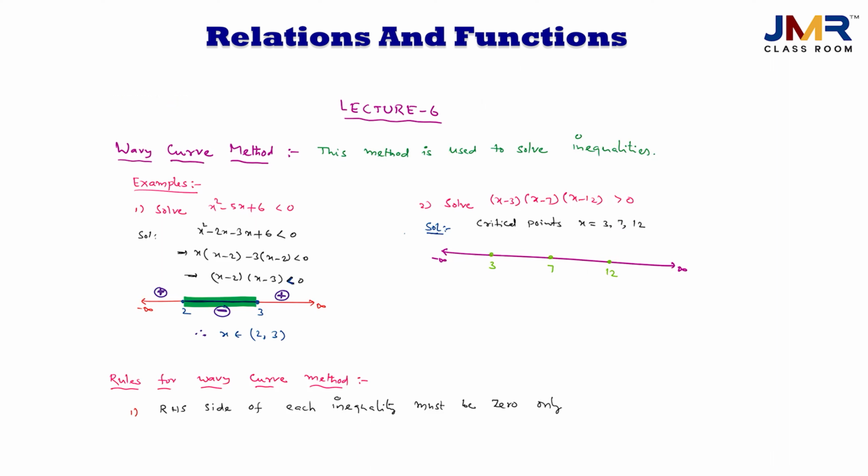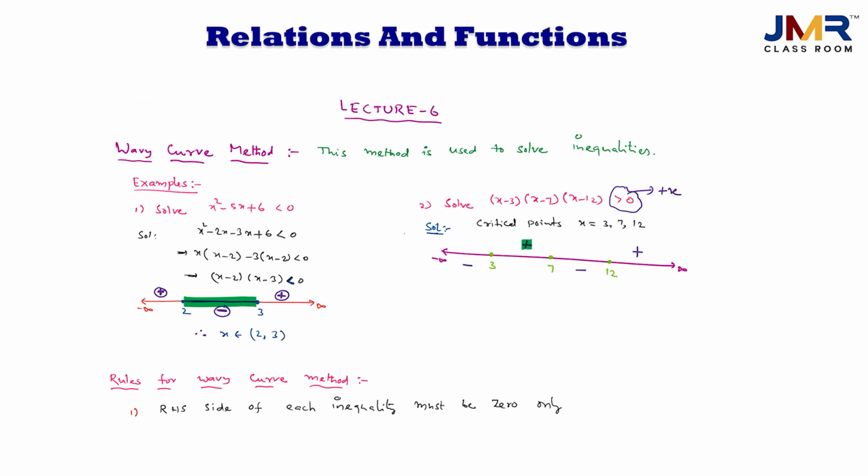In those 4 parts, you have to write the sign positive after the last critical point, then alternately negative, positive, negative. But here you are supposed to find the inequality which is greater than 0, meaning positive is required. Wherever the positive interval is, that is our answer.